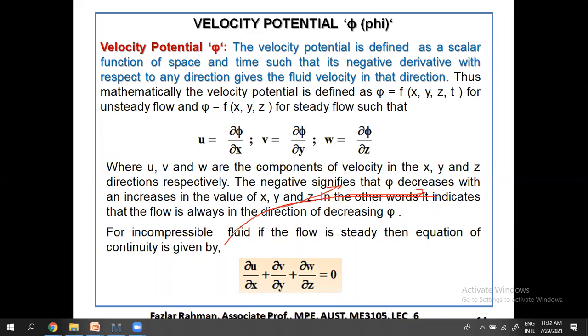That means along a streamline a fluid particle is moving, but it doesn't give you the amount of velocity. It's giving you only the direction.